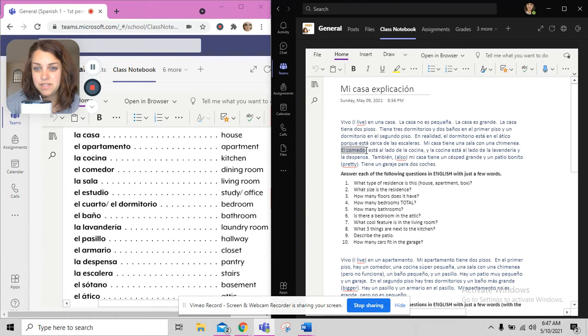And we have this thing first. Right? Okay. So that's first. Okay, so that place is next to the kitchen, and the kitchen is next to these 2 things. So let's try to find these 2 words here on our vocab list.